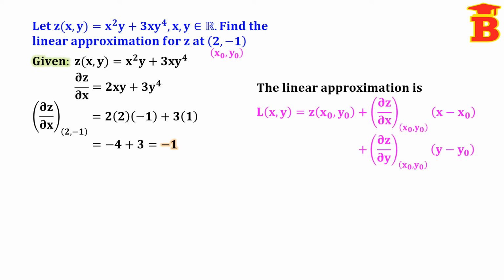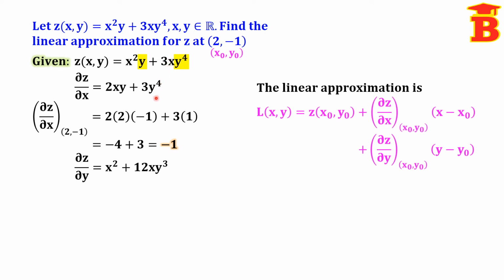Next we have to find dou z by dou y. So this is the given function. See the y terms only and differentiate that only. Y differentiation 1 into x square, x square. Y power 4 differentiating this we get 4y cube. 4y cube into 3x.